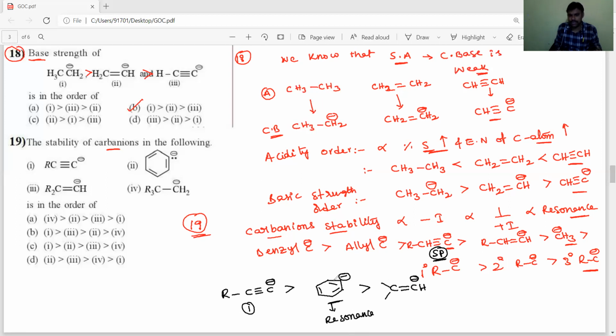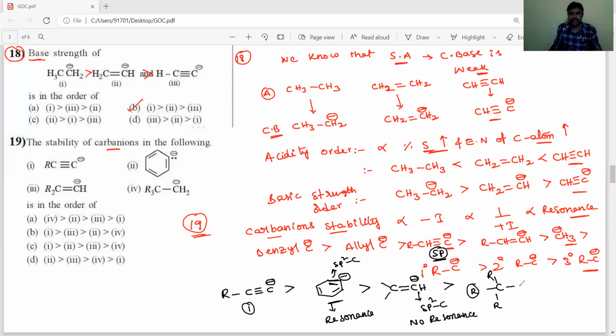This carbanion is also sp2 carbon, and the other is also sp2 carbon, but there is no resonance. That's why this is more stable. Next, these R groups are plus I groups.